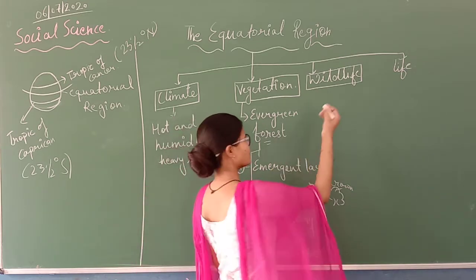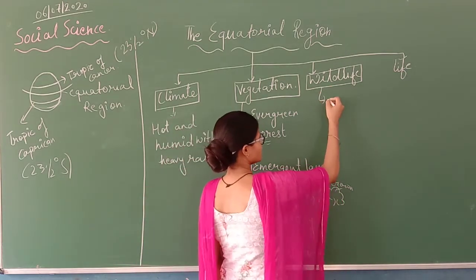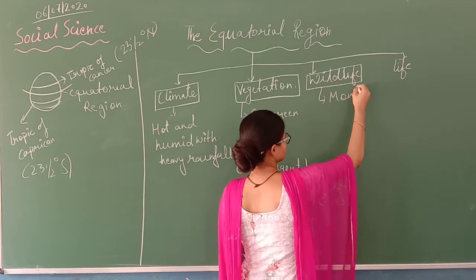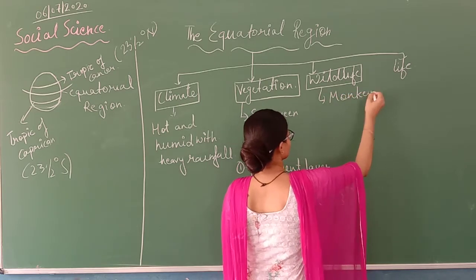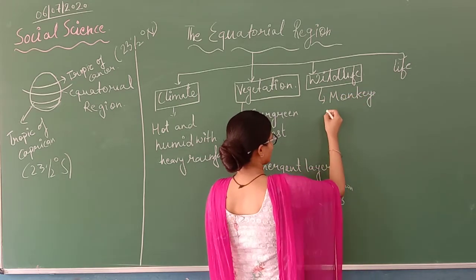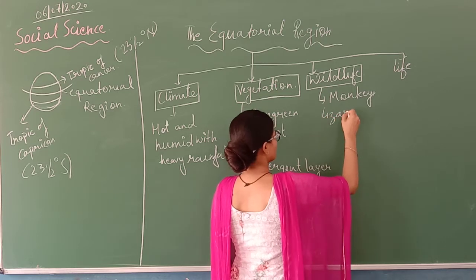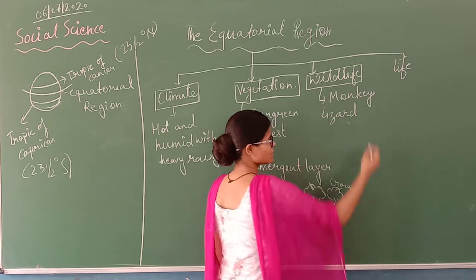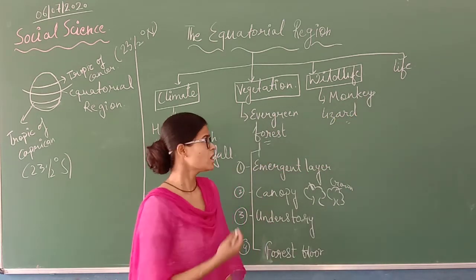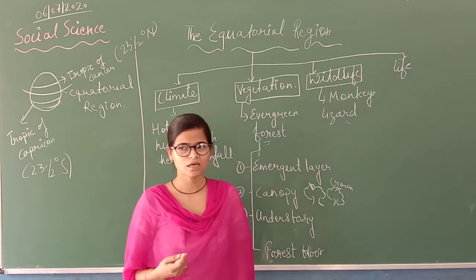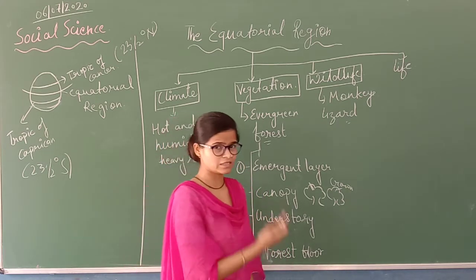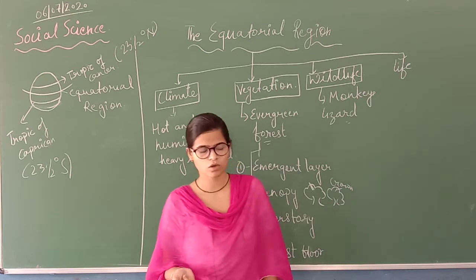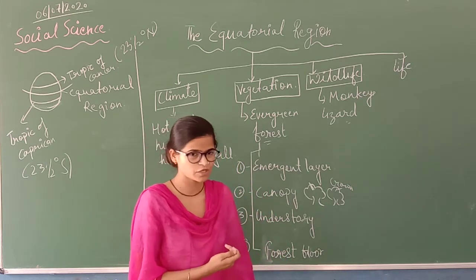I will write some examples over here, like monkeys. In monkeys also we have a variety, like langur, lemur, chimpanzee, and langur also comes under this species.